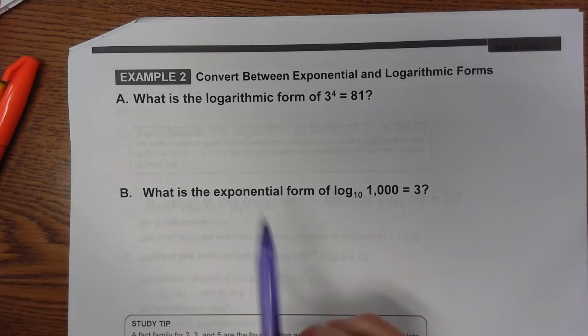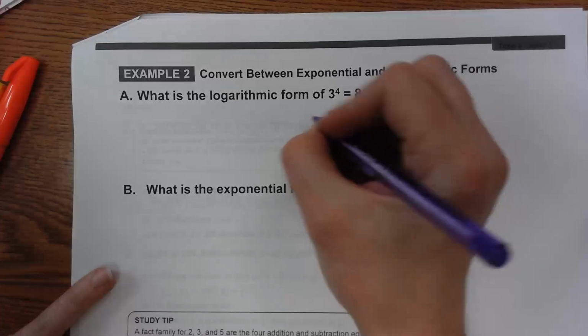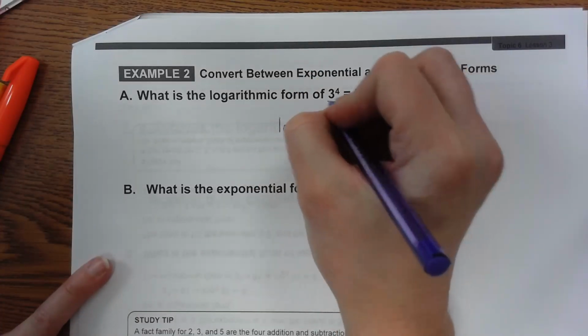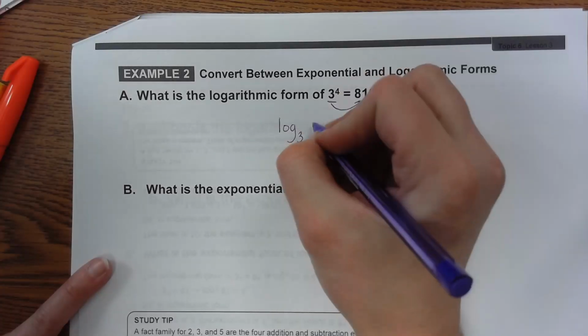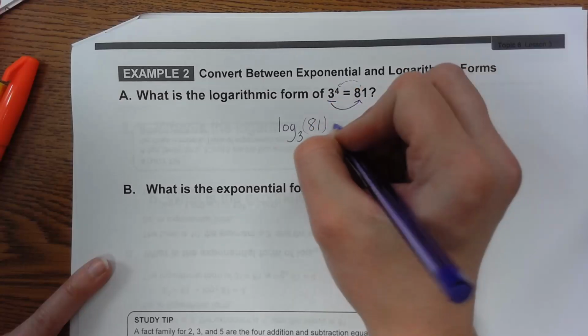Okay, so we're going to convert to the log form. So now we're going in reverse. I'm going to immediately write log base. Think bottom is the big number, so 3. I'm going to make my little cycle to the 81, and that's going to equal my exponent of 4.